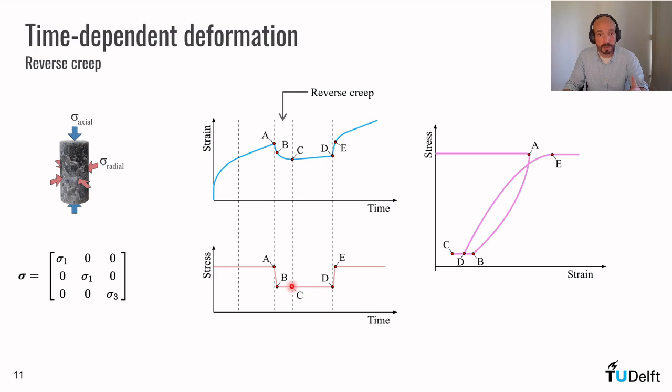From C to D, the stress has still the same value. That is why we are still in the same line. And from this point C to D, we see that the deformation is increasing again. And that is why from C to D, we are moving to the right again. And when we reach point D, we increase the stress again, and we move up again.